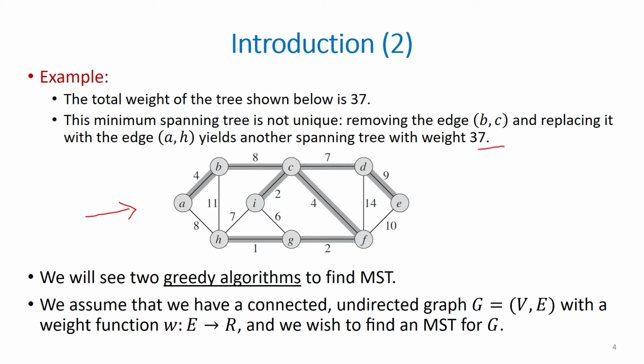Now, is this MST unique? What happens if I remove the shaded edge BC and replace it with the edge AH instead? We see that it gives us another MST with minimum weight of 37. So this graph has more than one MST.